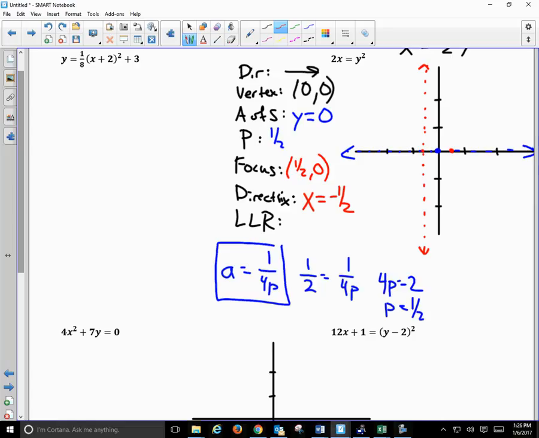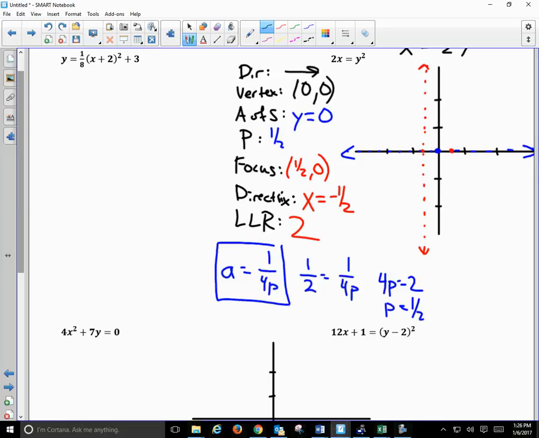Length of the latus rectum, that's where it gets fun. Absolute value of 4p. Multiply this by 4 and you get 2. Well, if I want a segment of 2, I should move how far in each direction? 1. Okay, again, it's opening to the right.